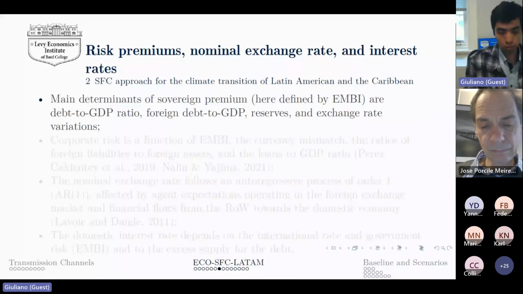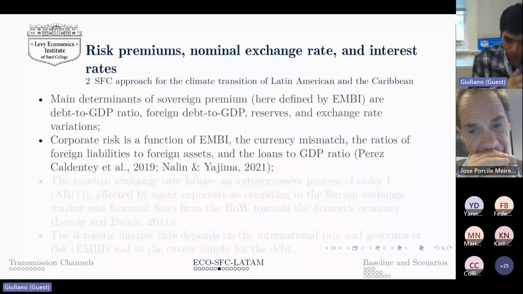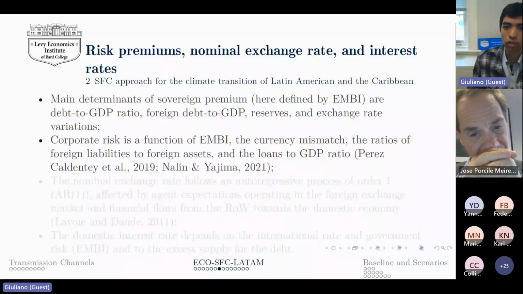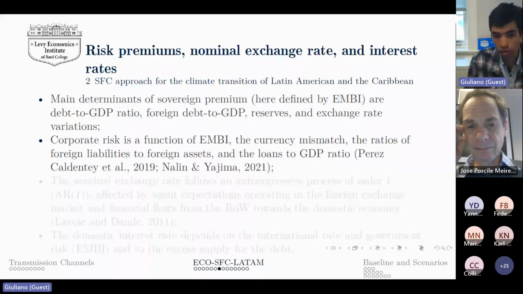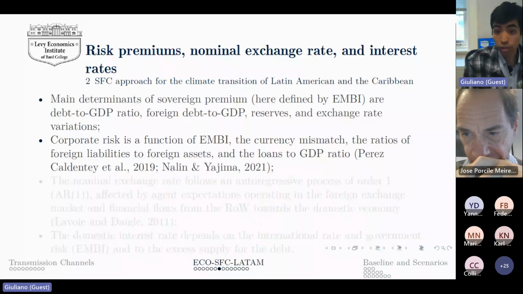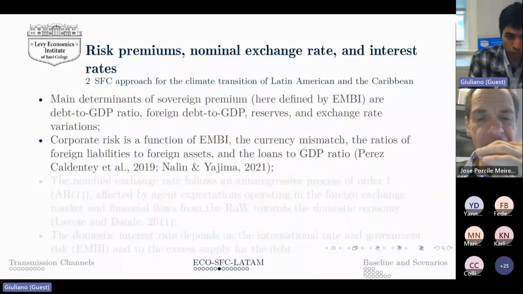The corporate risk, because we have a distinction between the sort of the private, let's say, corporate risk, and the sovereign risk. So the corporate risk will be a function of the sovereign premium, here defined as MB, the currency mismatches, the ratio of foreign liability to foreign asset, and the loans to GDP ratio.